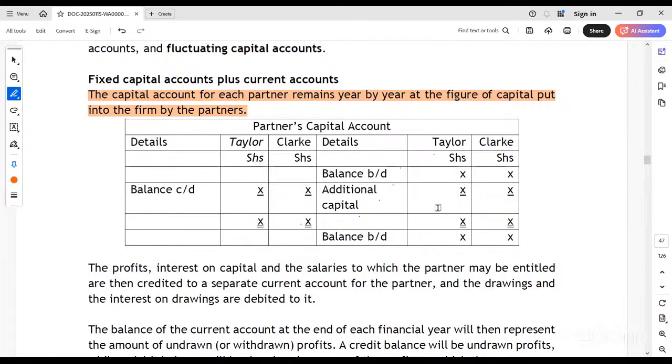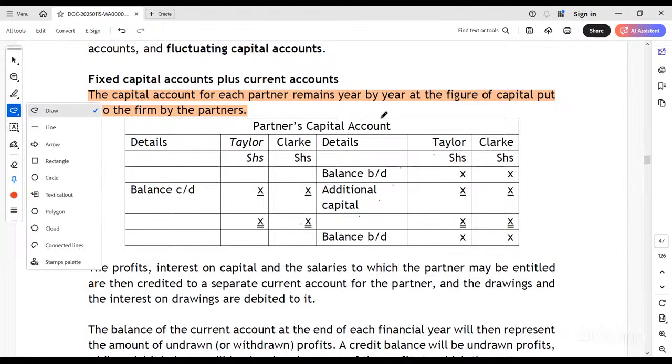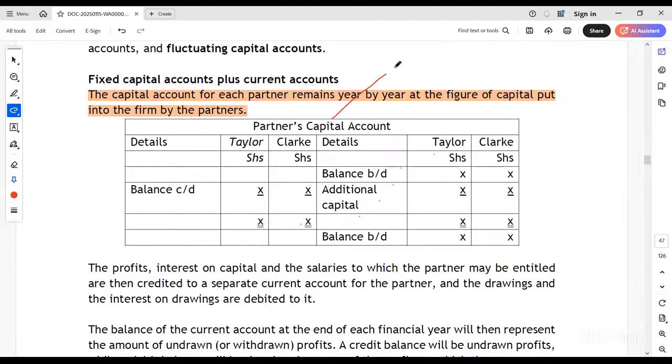If there is any additional capital, you still credit and then you balance up the account. So this account strictly records the capital. The partner's capital account is strictly for capital contributions only.